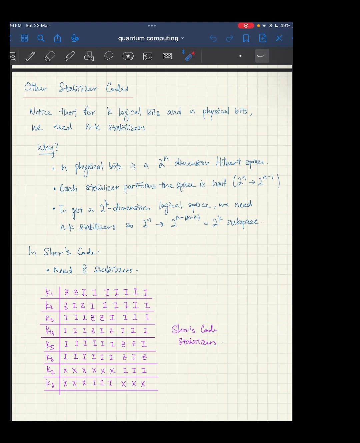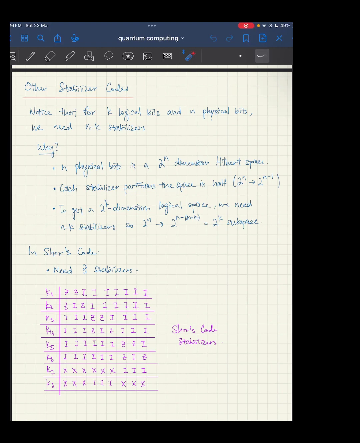From there, we extended onto the Shor code, which is just a concatenation of the 3-qubit repetition code for the bit flip, as well as the 3-qubit repetition code for the phase flip. And we talked about how this is sufficient to correct any arbitrary 1-qubit error, because an arbitrary error can be expressed as a linear combination of X and Z gates.